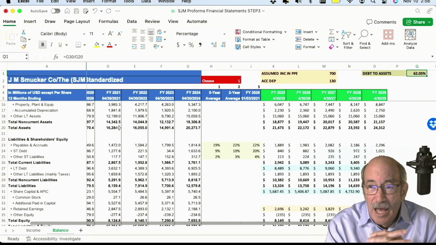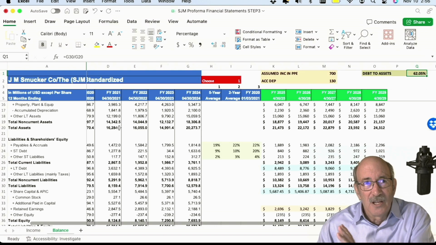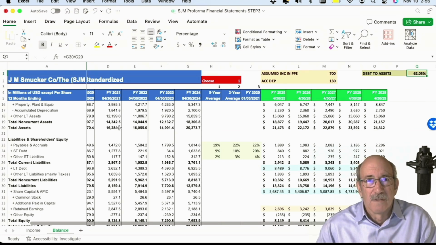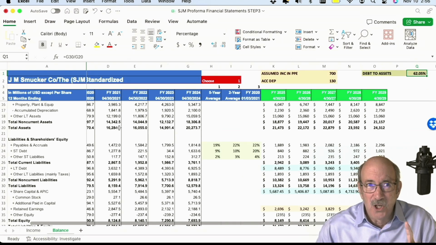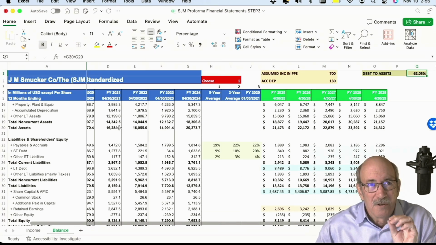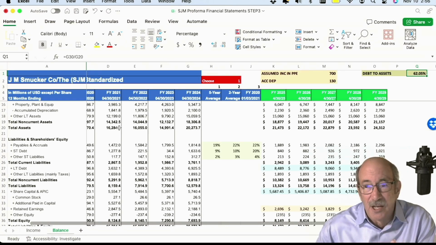All right. And again, I'm going to make the assumption that all of the leverage going forward remains at 62.05%. That's not the assumption you should necessarily make. I want you to do a deeper dive on what you expect Smucker to do. But for expositional purposes, I'm going to show you assuming that it's always 62.05%.